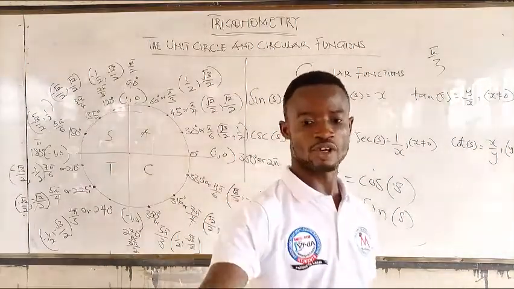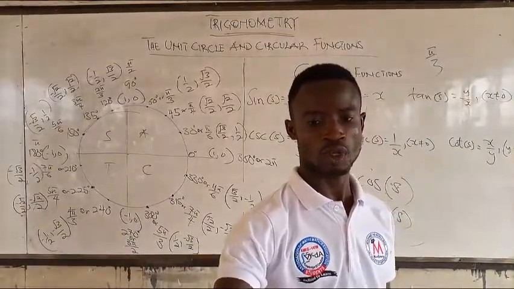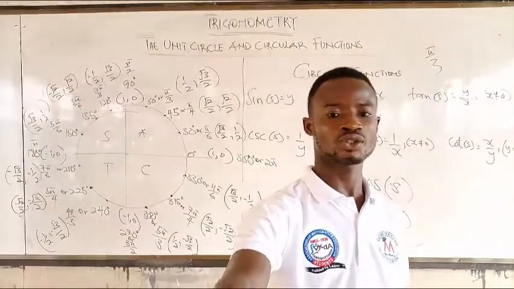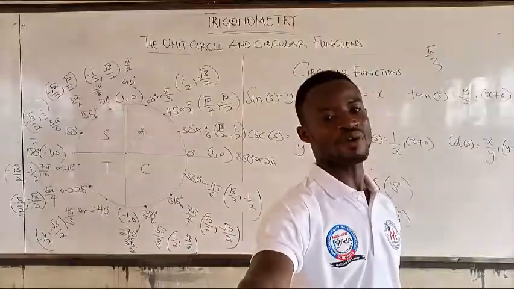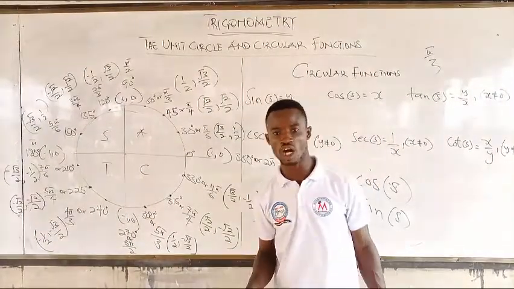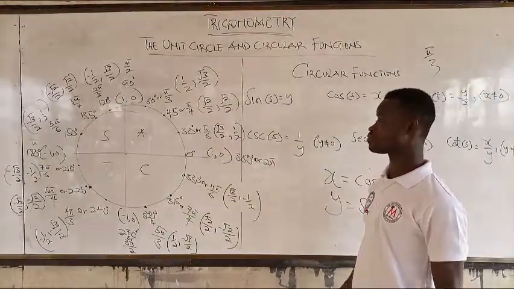Very good. We are now moving on to how to evaluate, how to find the value of the circular function. So let's look at about 5 examples in the close.